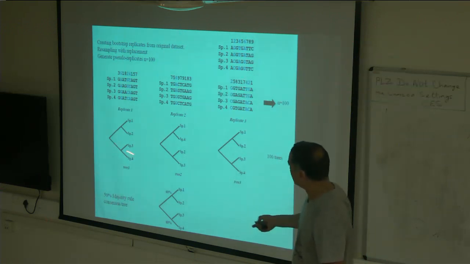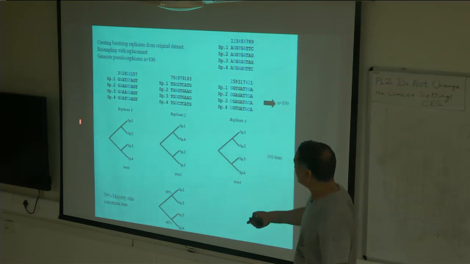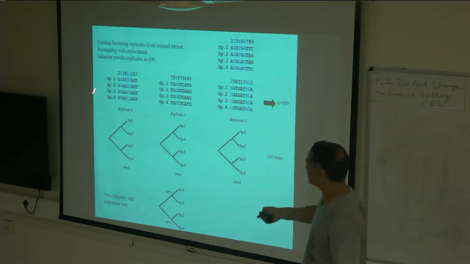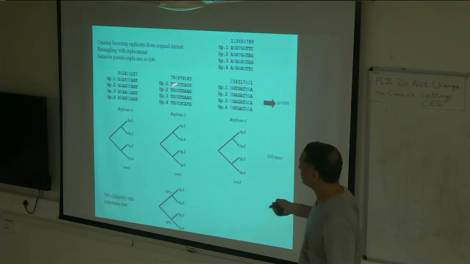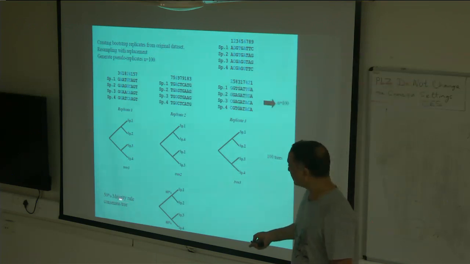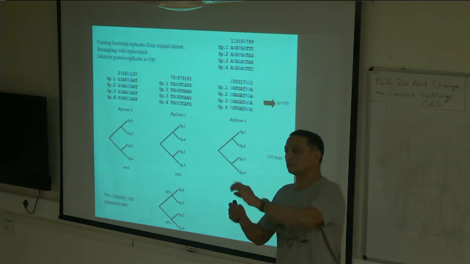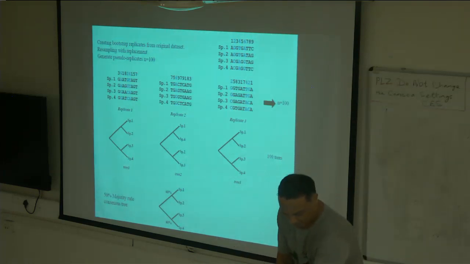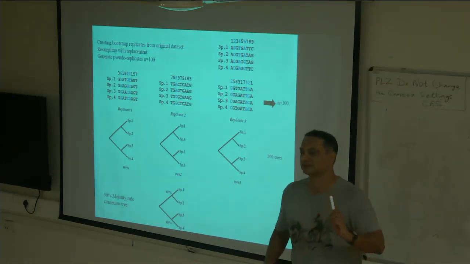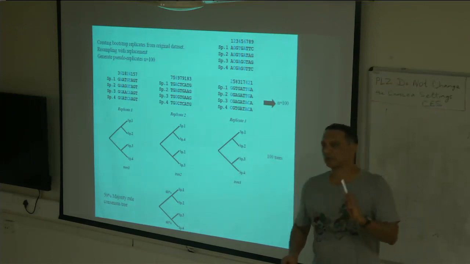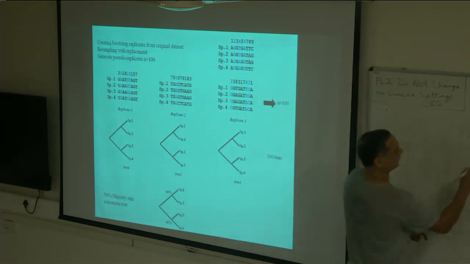The 50% majority rule is what you get if you summarize the replicates. It is going to show nodes that have at least 50% support.